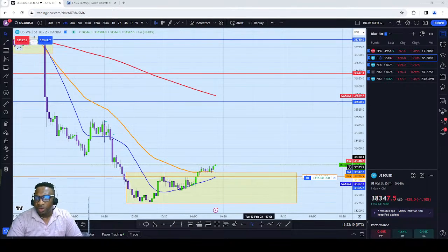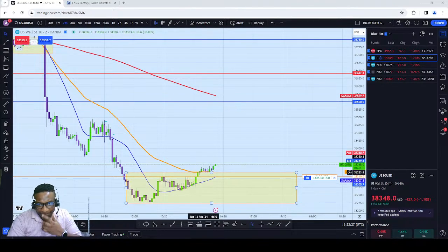For some reason, I don't know, on TradingView this is where this key level is, but on my trading platform the key level is below here, just below the 50 moving average.